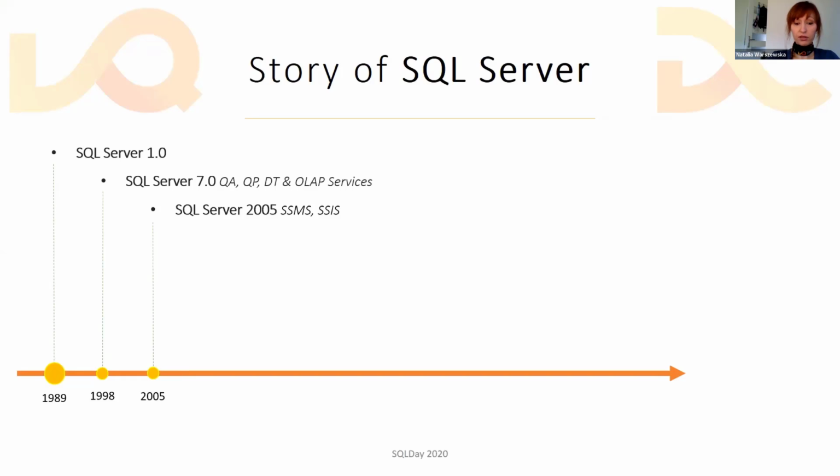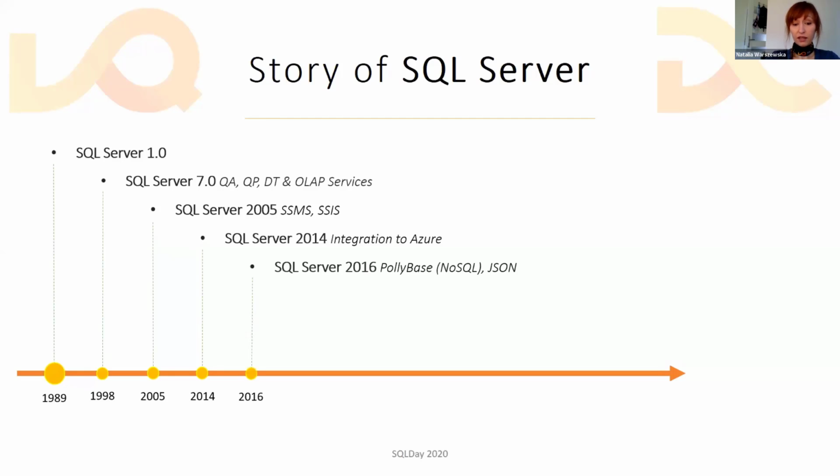The next step was definitely cloud. One of the main features of SQL Server 2014 was the integration with Azure. Then, in 2016, Polybase support was introduced. As you know, with Polybase, you can query NoSQL data. Another interesting feature in that version was JSON support, so features to handle JSON data.